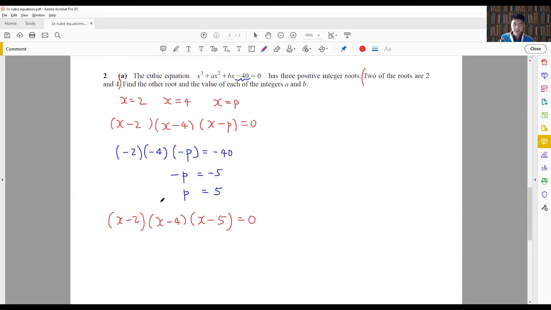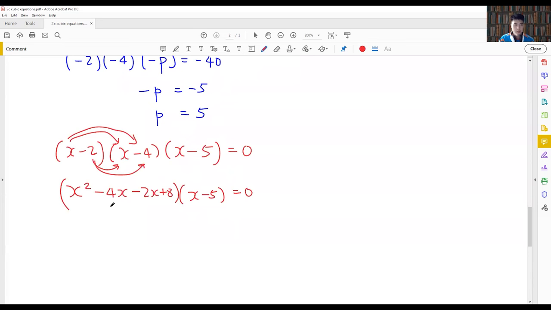And from here, expand my cubic equation. This times this and this times this: x squared minus 4x, minus 2x plus 8, times (x - 5) equals 0. Then moving on, simplify the equation here: (x squared - 6x + 8) multiplied by (x - 5) equals 0.